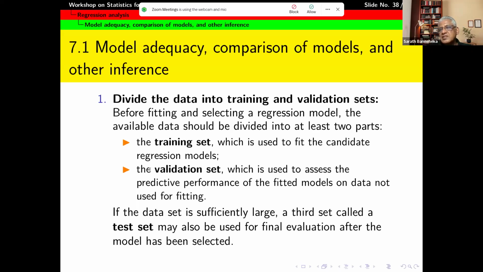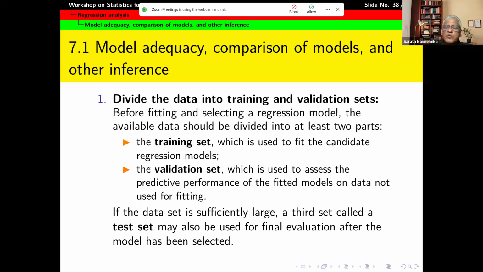Otherwise, if you use the same data that you used to fit the model to check predictive performance, usually for the same data the predictive performance is high anyway, right? But what you need is a good model which will be suitable for other data also. When you have other x values, you should be able to accurately predict y values for those x values also. So that is the idea.